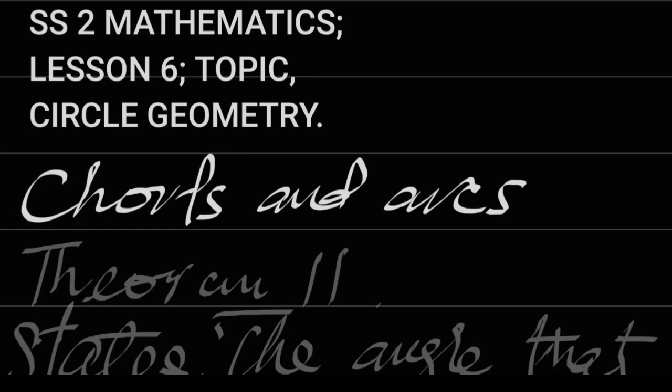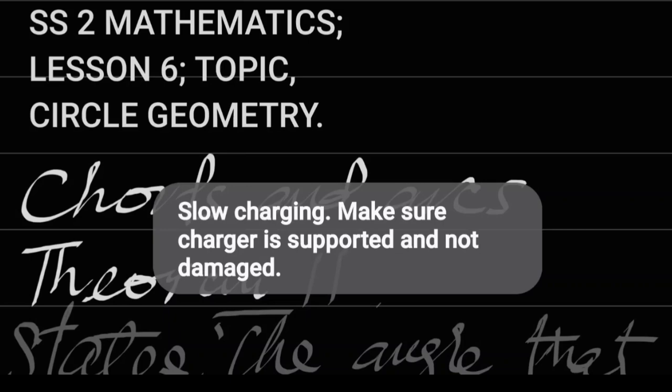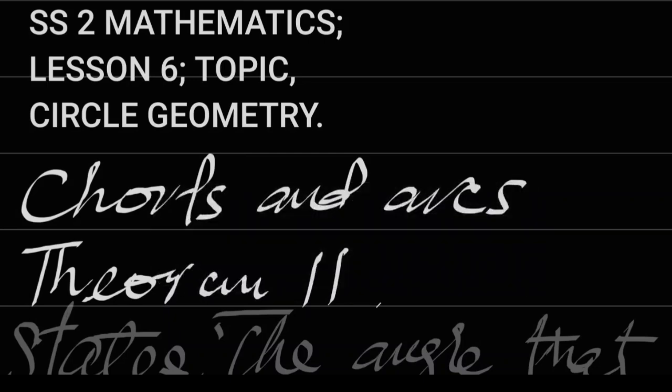In lesson 5, we solved some questions that have to do with Theorem 10. So we are not going to waste time. We'll move on to Theorem 11. We're going to see Theorem 11, then we'll solve some examples, and then I'll leave you with some work to do.